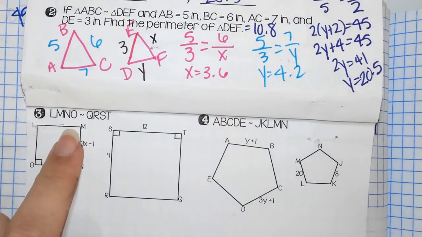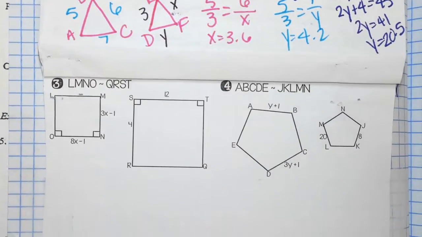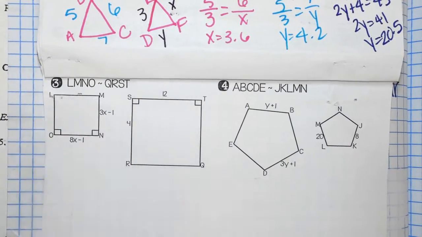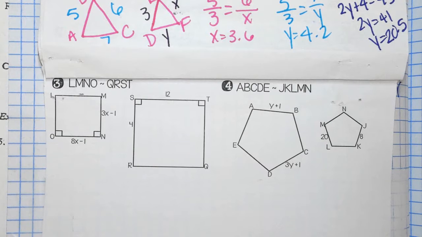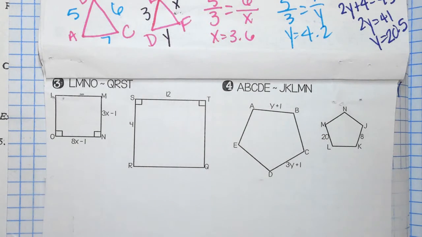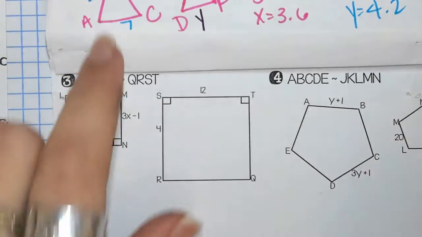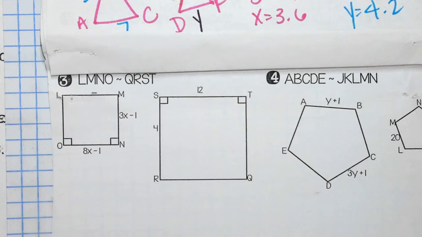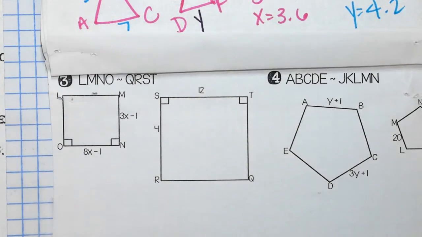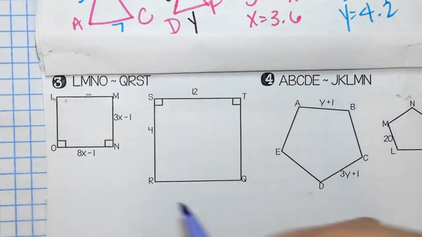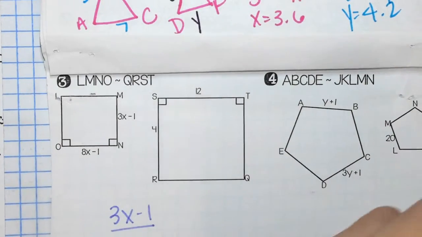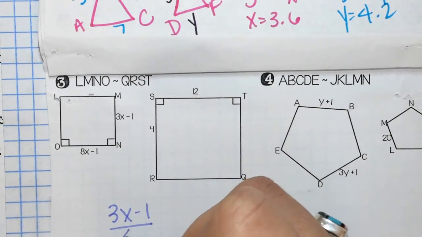Alright, so it says LMNO is similar to QRST. So LMNO, did they turn it this time on us? They did. How dare they? Alright, so we're looking for MN. Which one does it correspond with? RS. Look at you go. So we're going to do 3x minus 1 divided by what? 4.